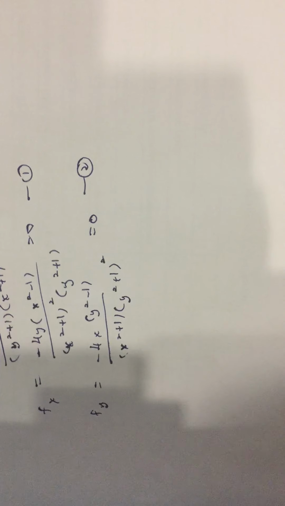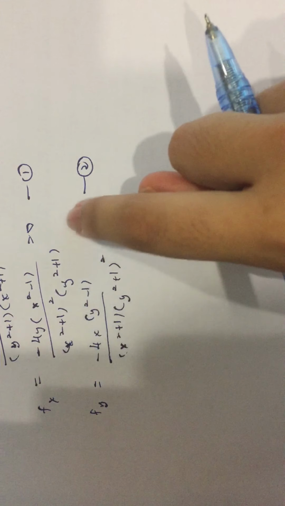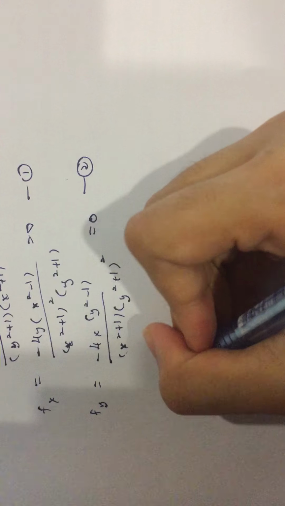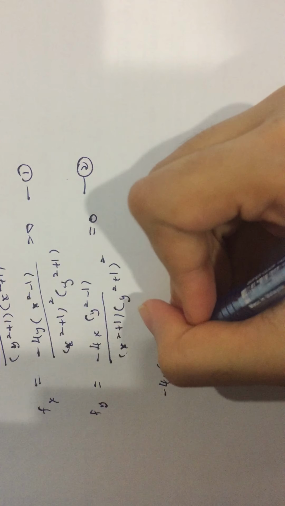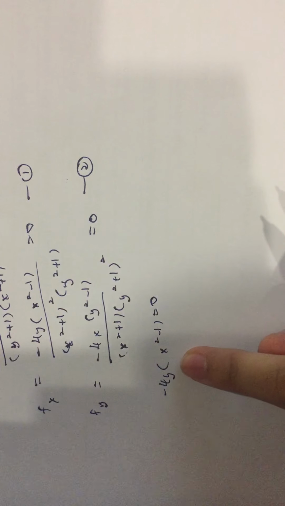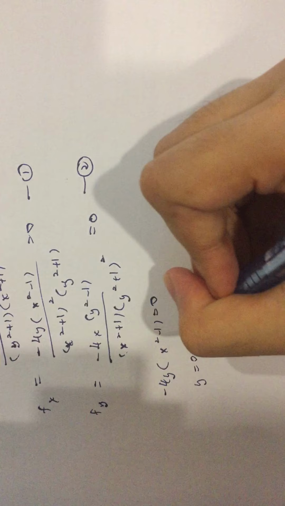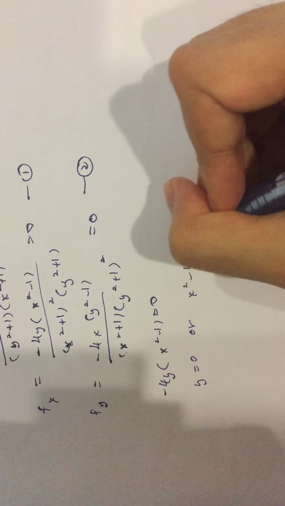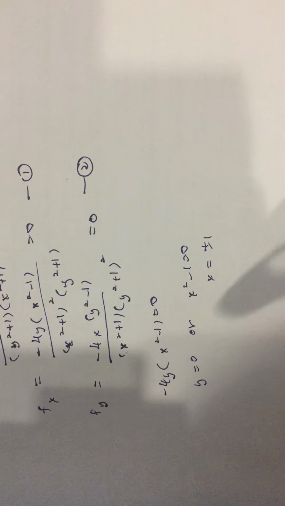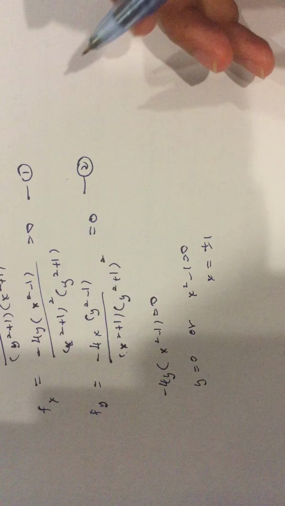So let's look at the first equation. If we bring the denominator to the right, multiplied by 0, then we have 0. So we are left with minus 4y times x squared minus 1 equals 0. So this gives either y equals 0 or x squared minus 1 equals 0, which gives x equals plus minus 1. And then we substitute these values into equation 2.